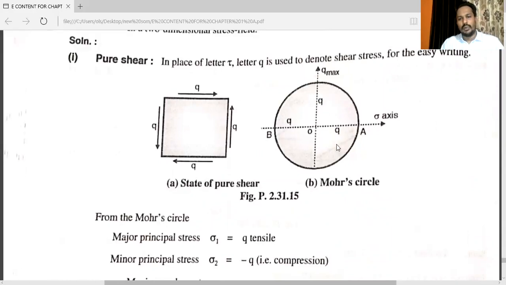And here you can see the Mohr circle. Tau max is here. This one is your x-axis, this one is your y-axis. A, B points are given and Q is here. The origin point is here. That is the state of pure shear.